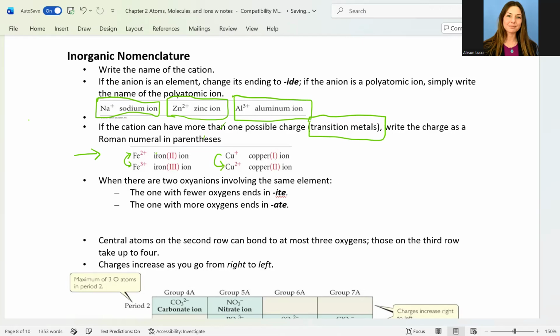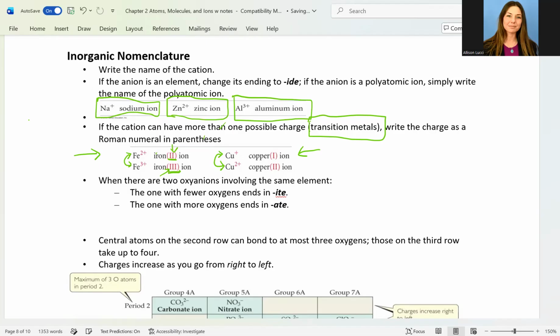That's the same over here, but with copper 1 and copper 2, where we have to designate specifically which ion we see with a Roman numeral. If it's iron 2, we would use the Roman numeral 2. If it's iron 3, we use the Roman numeral 3. So just remember, for the transition metals, you'll always need a Roman numeral.